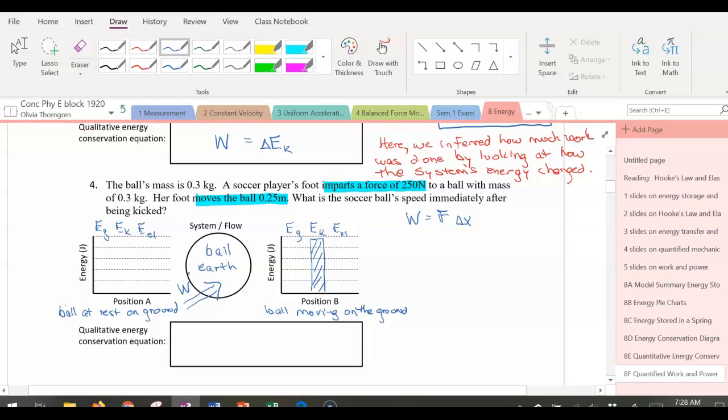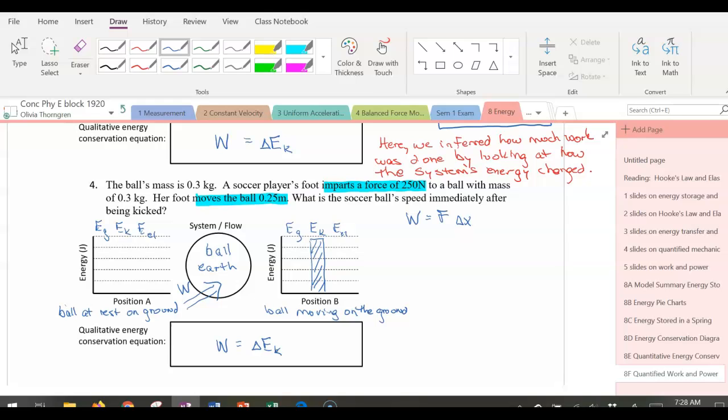The player is in a different system, an external system. They applied a force to the ball and caused it to move. By doing that, applying a force and causing it to move, they transferred energy into the system that has the ball. And so we end up with exactly the same energy conservation equation that we had in problem 3. The work that the player did on the ball equals the change in the ball's kinetic energy.